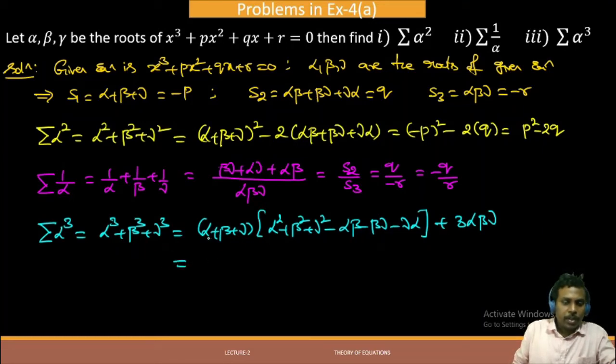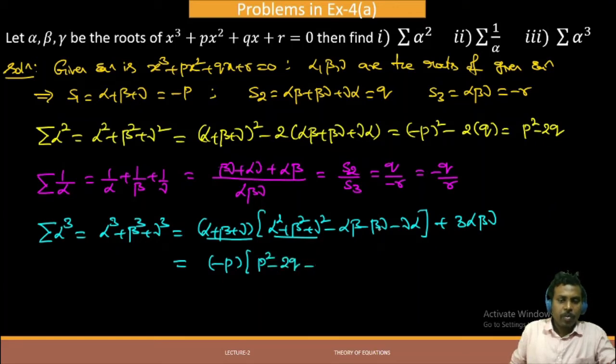Now this alpha plus beta plus gamma is known to us. This value is minus p. Now this quantity just now we have computed. This is equal to p square minus 2q minus alpha beta plus beta gamma plus gamma alpha, plus 3 into alpha beta gamma whose value is minus r.